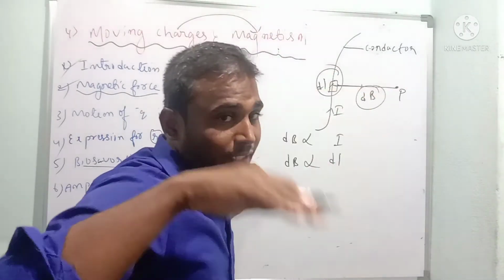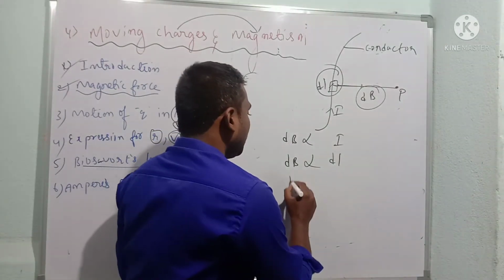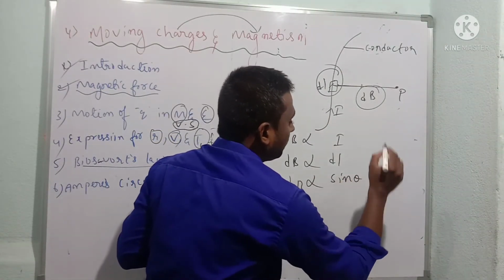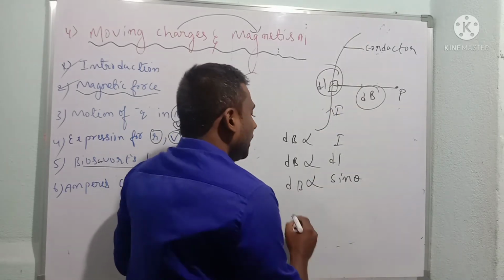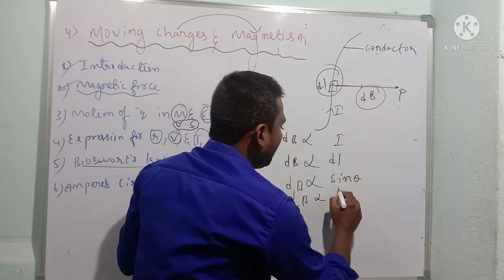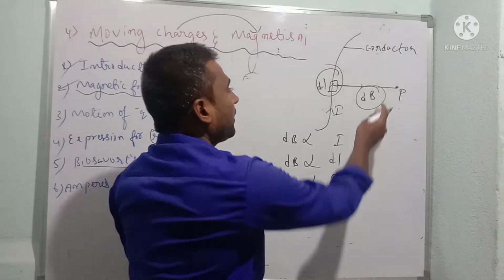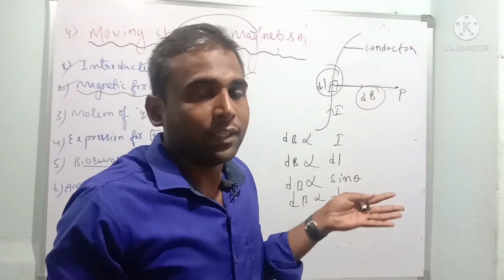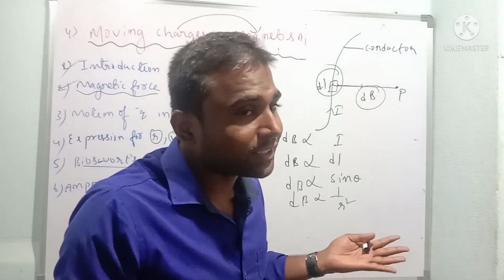Hence we find there is more magnetic field. It is also directly proportional to sin theta, meaning it should act in the perpendicular direction. And it is inversely proportional to the square of the distance r. If r decreases, magnetic field increases. If r increases, magnetic field decreases.